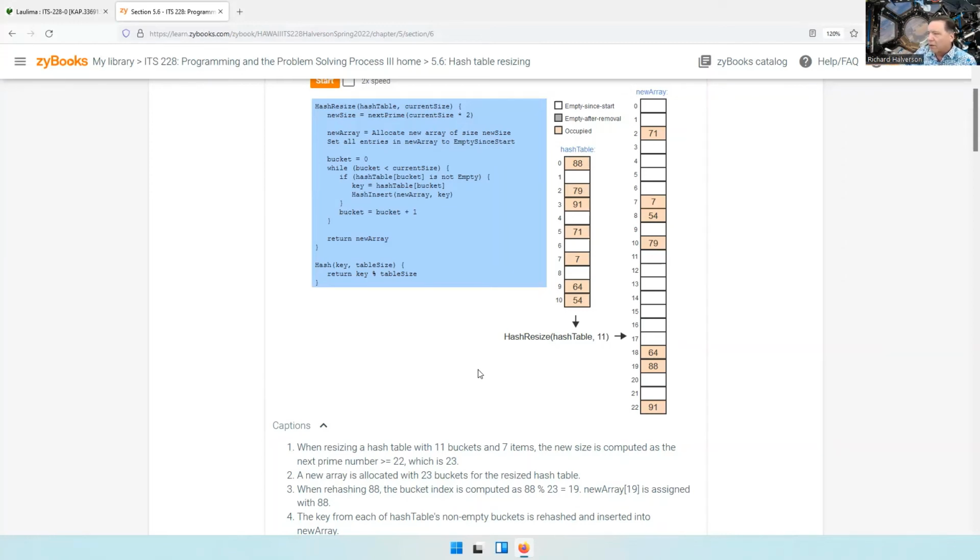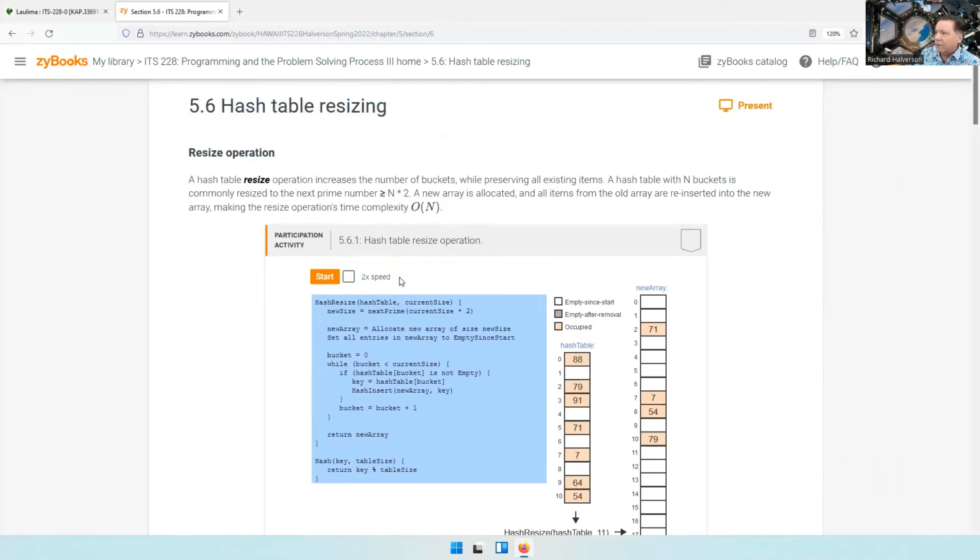You would never declare a fixed size hash table, but you may be emulating some sort of that. Anyway, I'm going to have you adapt this hash table resizing algorithm.